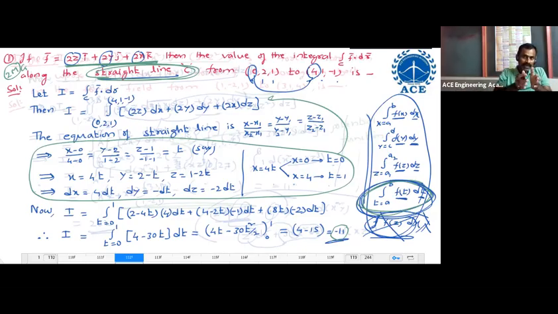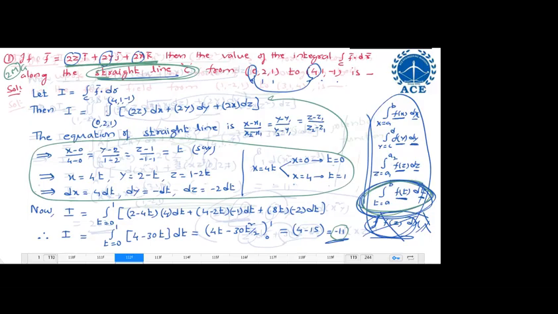These two will be the same whenever the curve is along the x-axis, y-axis or z-axis. Suppose the curve is an arbitrary curve in space, then the line integral is different from the ordinary definite integral.